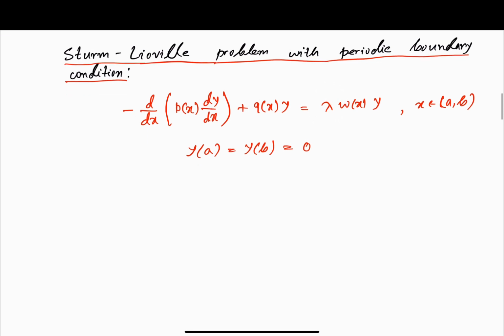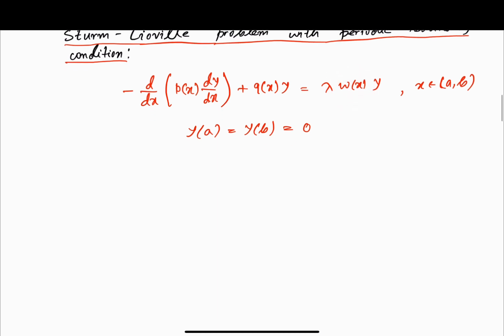So there is a theorem. It is saying that if two eigenvalues are different, then the corresponding eigenfunctions are orthogonal with respect to this weight, if you can write the problem like this. Let me write the theorem.